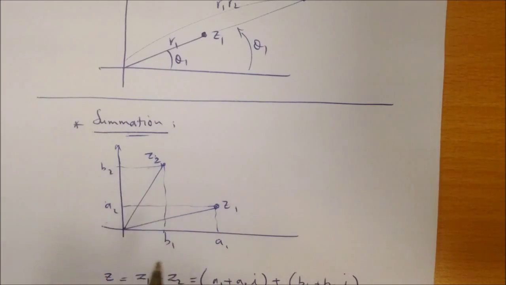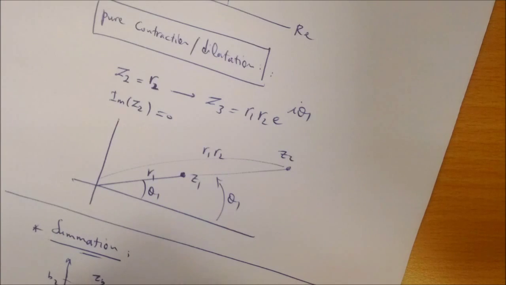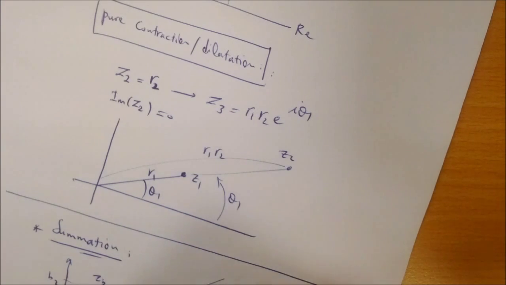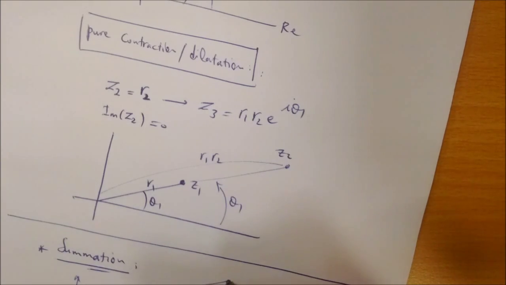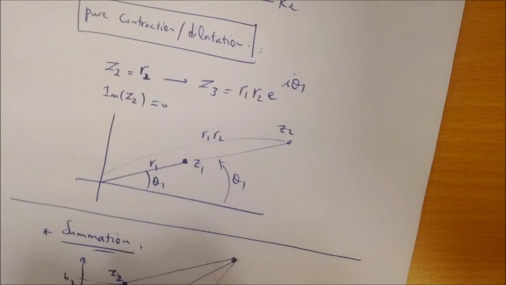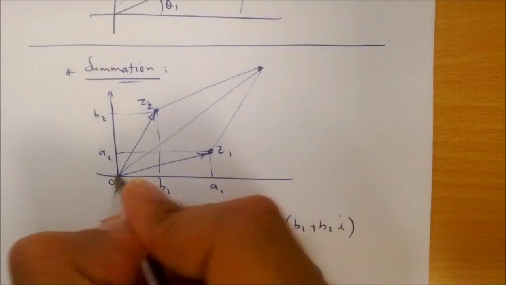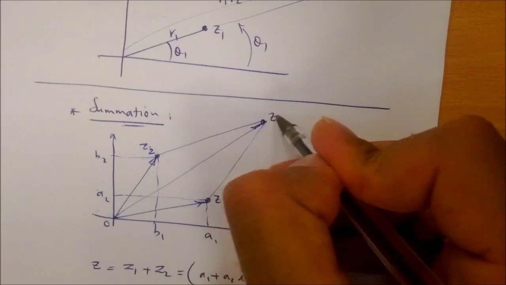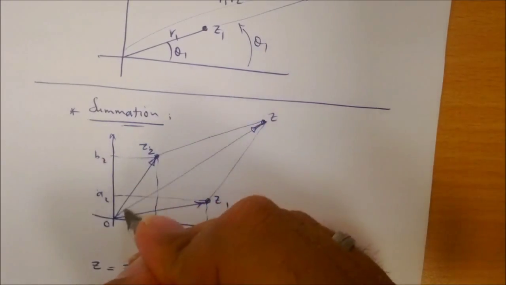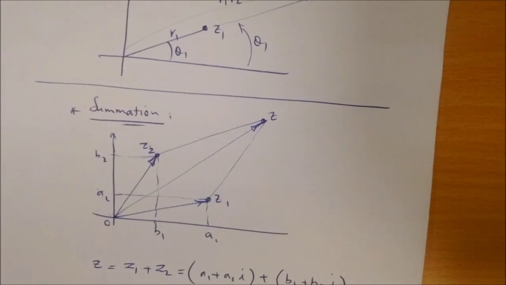Its geometrical representation will be exactly as in vector algebra. So if I consider this as a vector, OZ2 for example, OZ1, OZ is equal to the vector sum of OZ1 and OZ2.